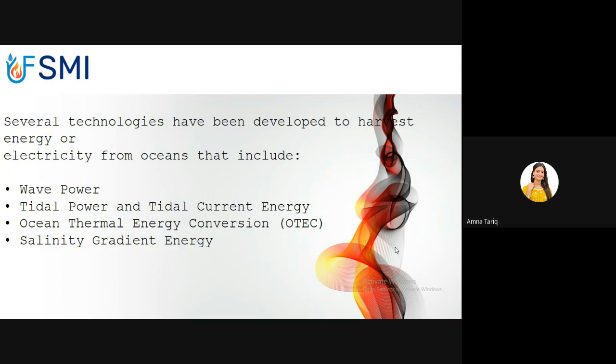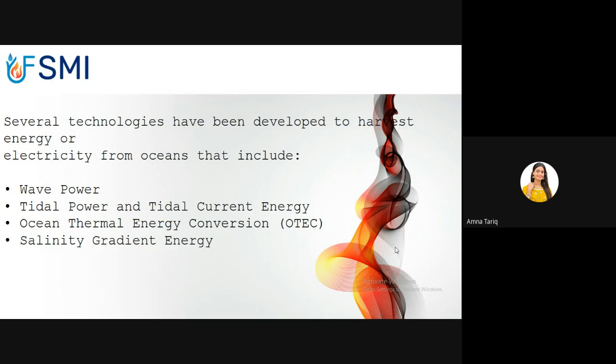So first is wave power. What is wave power? Wave power, also known as wave energy or ocean energy, harnesses the kinetic energy of ocean waves to generate electricity. What is the working process of wave power? First, a device known as a wave energy converter is placed offshore to capture the energy of ocean waves.